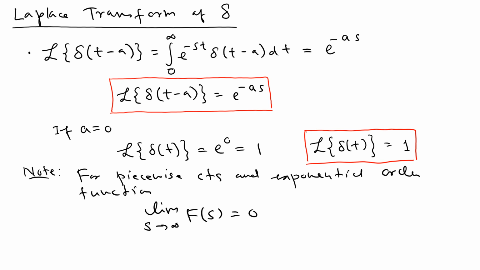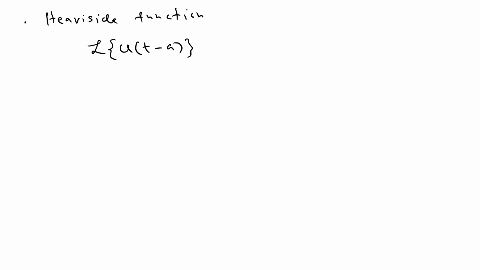And then let's recall some other results just to make sure that we remember all of them. What are the results that we have? We also know the Heaviside function. For the Heaviside function, the Laplace transform of u(t minus a) is simply e to the minus a s over s.